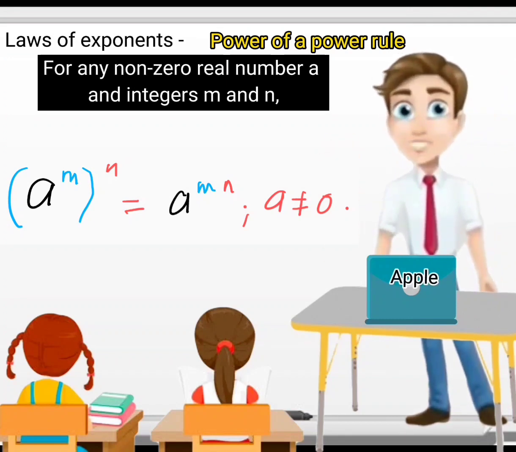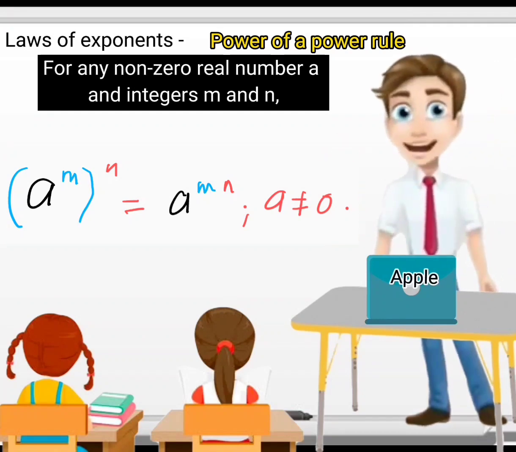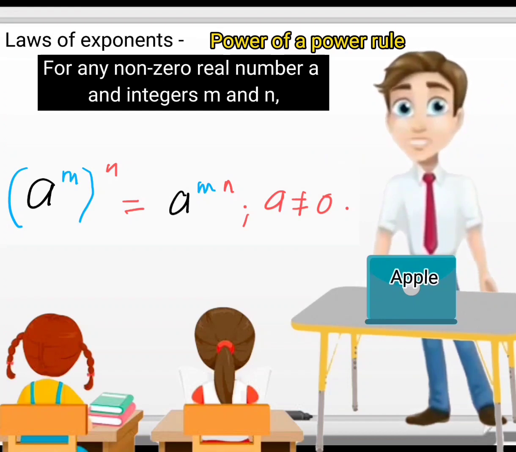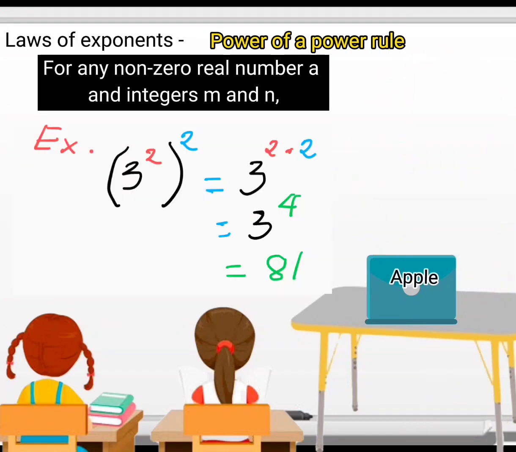So meaning to say, ang ibig sabihin nito, kapag a power ay na-raise sa iba pang power, so, ang gagawin lang dito is we are going to multiply the exponent. Did you get it?